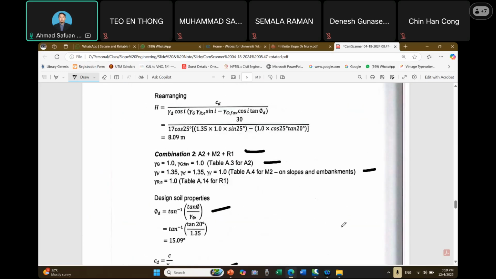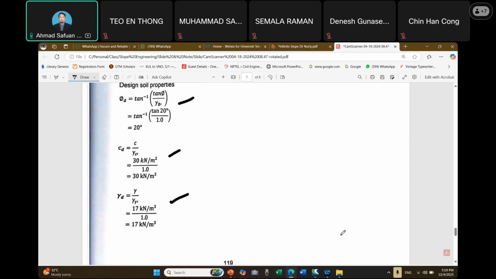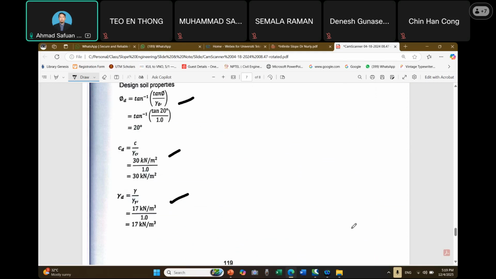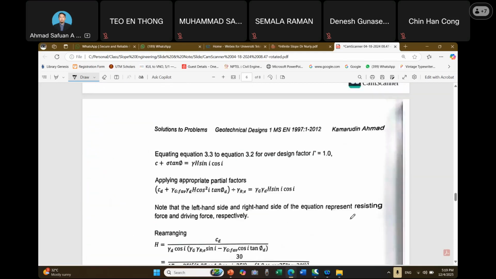When the groundwater level is at 2 meters below the ground surface, the overall design factor becomes 0.89, so it is less than 1. It means that with the rise of the groundwater level, it may contribute to the instability of the slope.